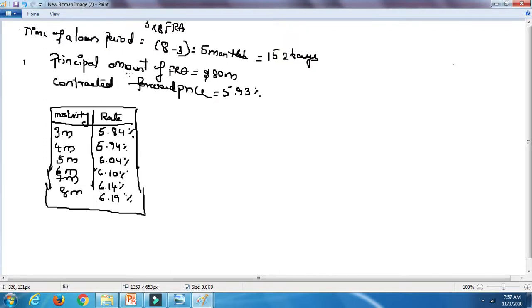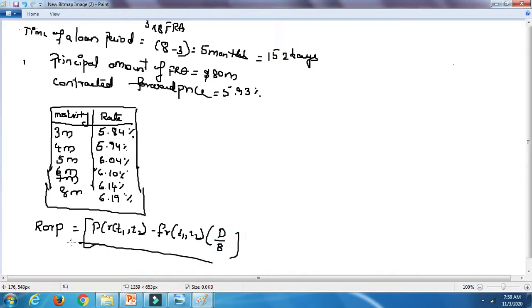So let's take that formula. Receipt or payment is equal to P into (R minus forward rate) into (T2 minus T1) times D divided by B, divided by 1 plus R into (T2 minus T1) times D divided by B. Okay, so you need to use this formula and do it for the entire 6 months.